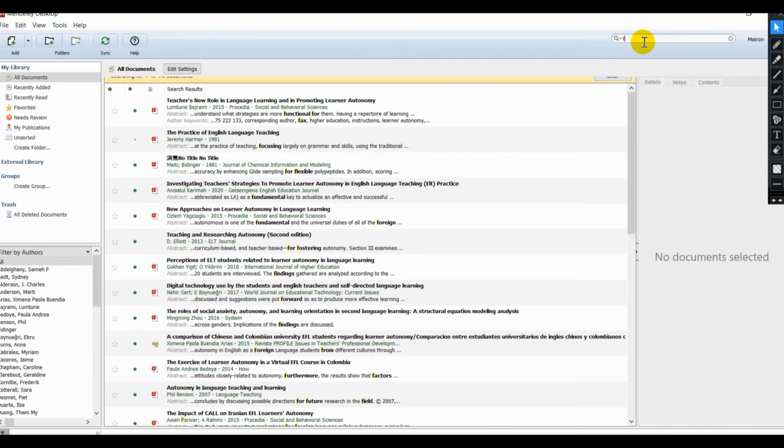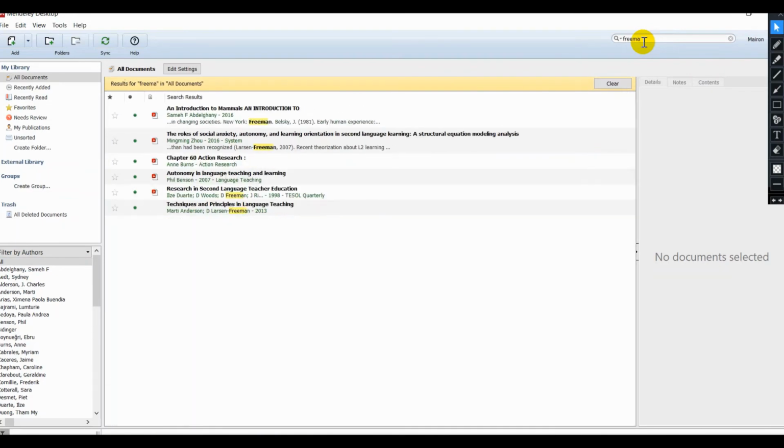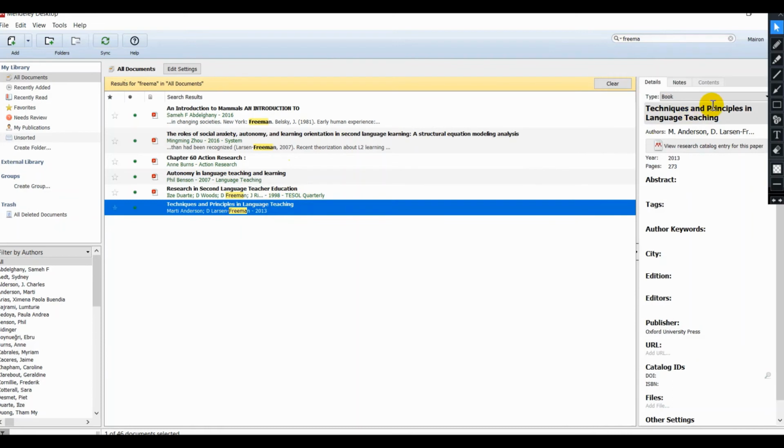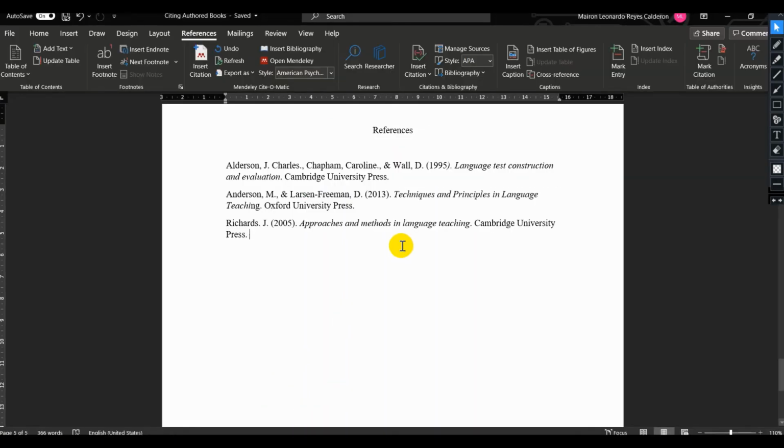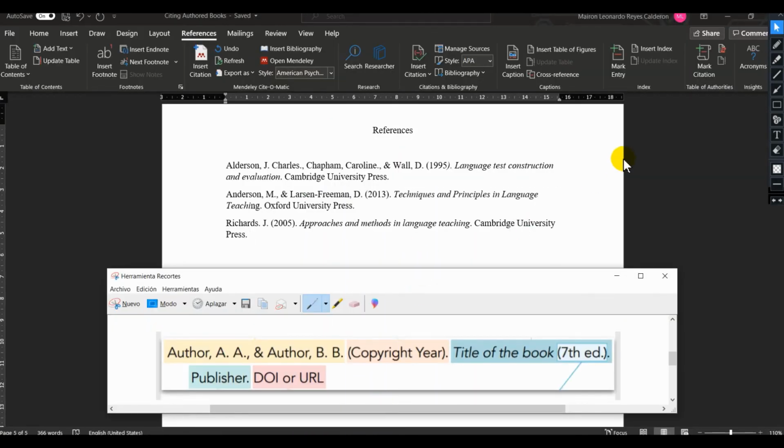So we look for Larsen-Freeman, and we find that all the words are in capital letters. So we lowercase language teaching, and in that way it's going to give us a correct output later on.